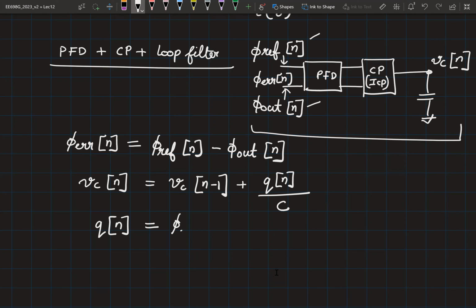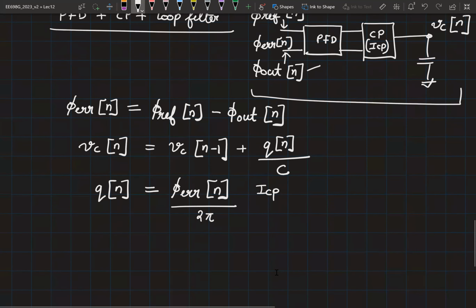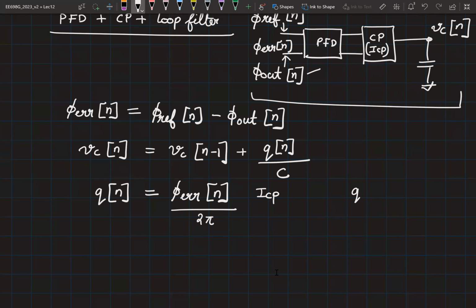So we'll start with phi error of n divided by 2 pi multiplied by ICP. So okay. So now charge has to be some, if I'm writing it in terms of the current, it will be some I into delta T. Right?